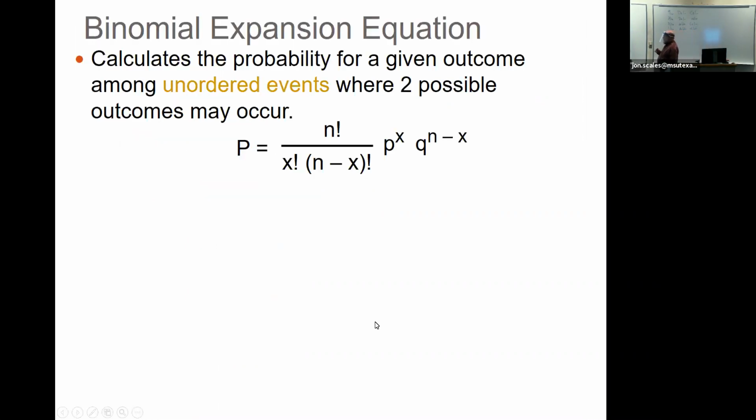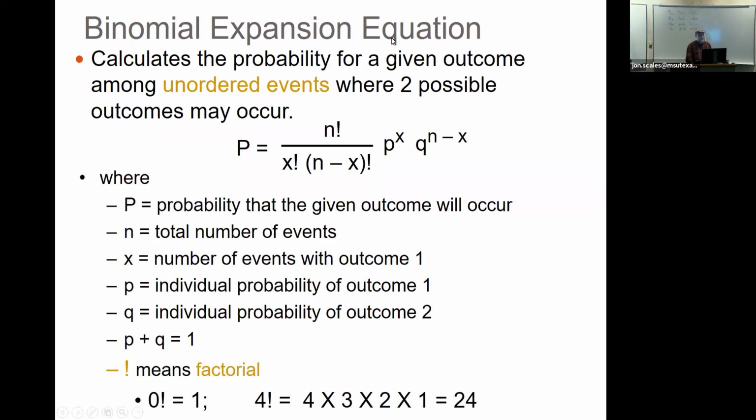So I want to get in a little bit more into this binomial expansion thing. So the binomial expansion equation is there, and your textbook wants to tell you about Pascal's triangle, okay?